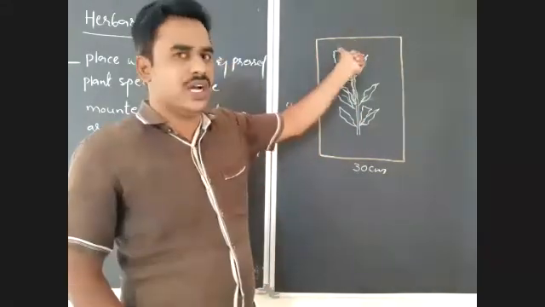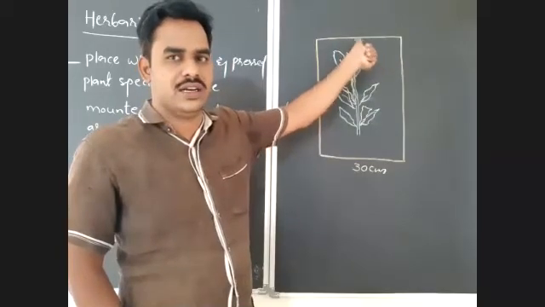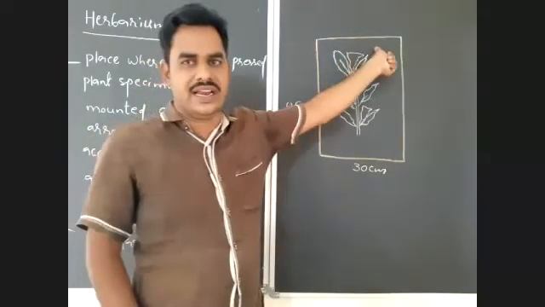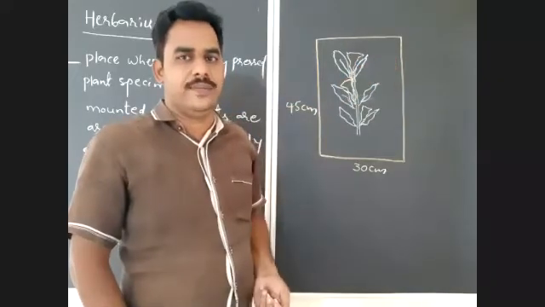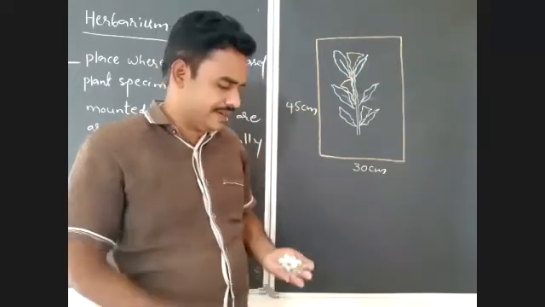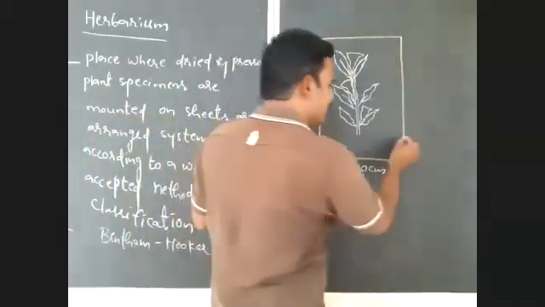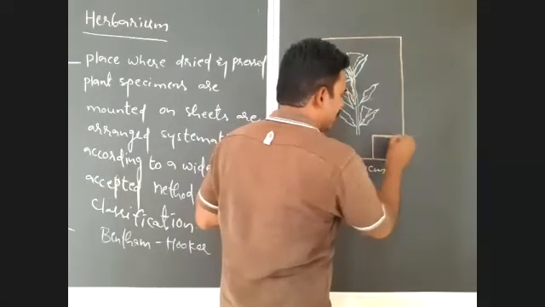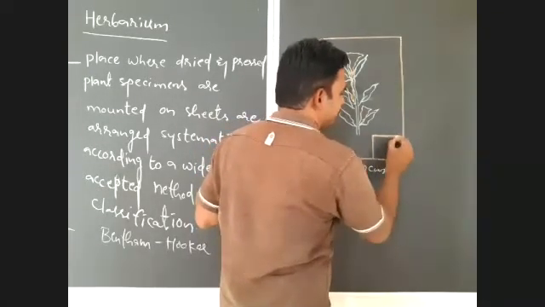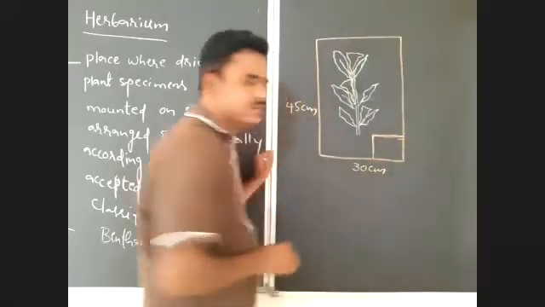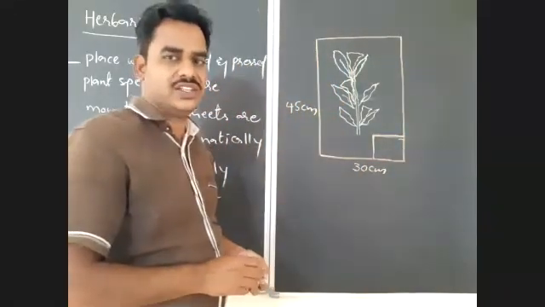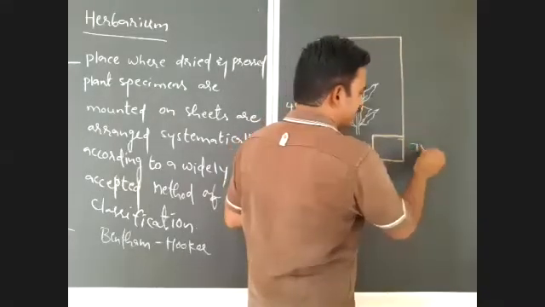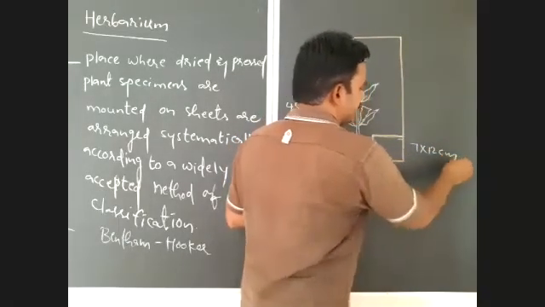At the middle of the top corner here, see, here you have to write the name of the plant. And if you observe here, at the lower right, there is a box with the measurements of 7 into 12 centimeters.